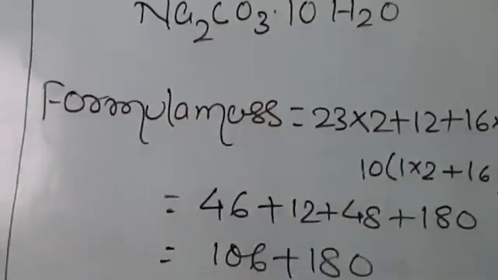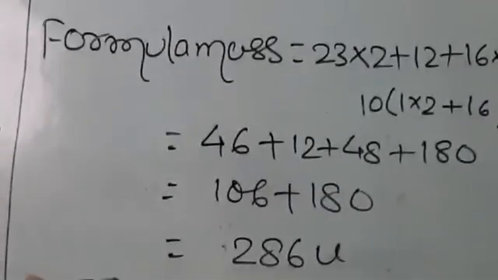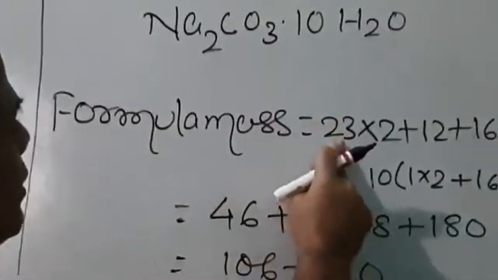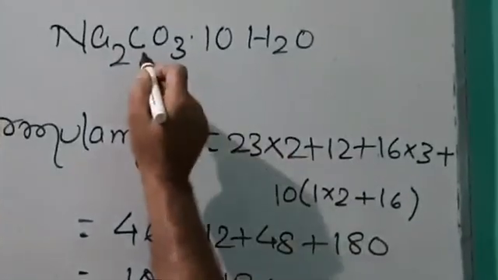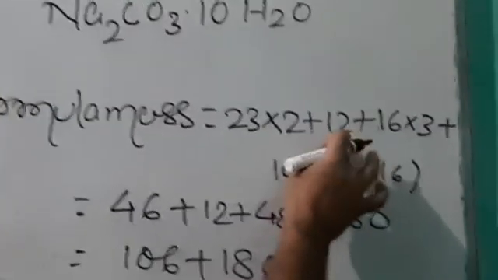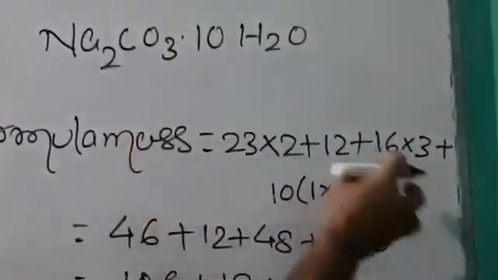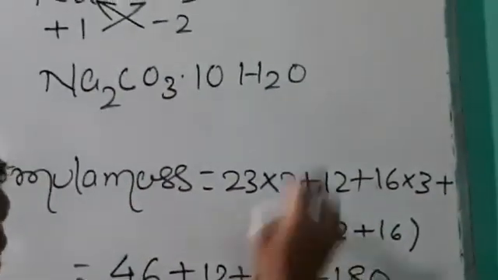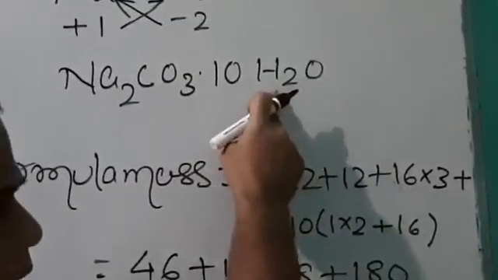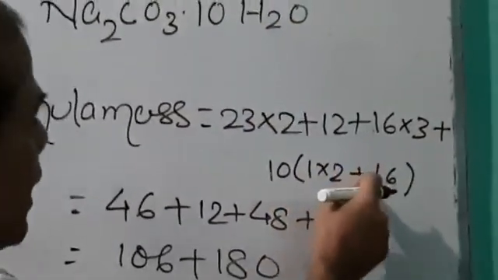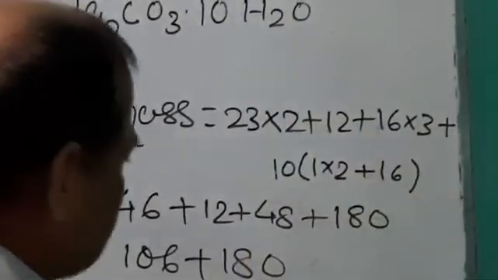Now it is the turn to find the formula mass. Formula mass is equal to, now we have sodium, atomic mass of sodium 23. How many sodium? 2. 23 into 2 plus carbon, atomic mass 12, plus oxygen 16. How many oxygen? 3. Plus 10, inside the bracket we have hydrogen 1. How many hydrogen? 2. 1 into 2 plus oxygen 16.